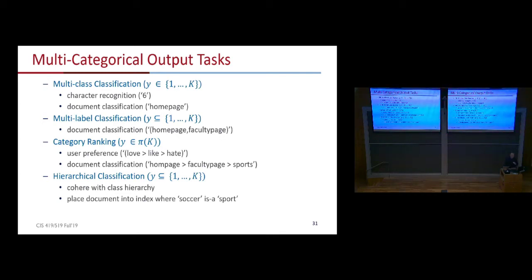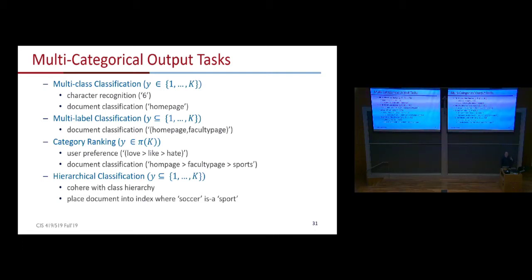You can think about ranking as the goal of your classification, where you have multiple labels and you basically want to rank them. You can think about hierarchical classification, where not only do you have k labels, there is also some partial order between them.